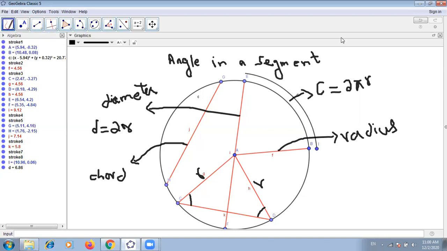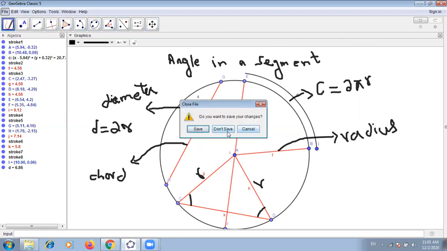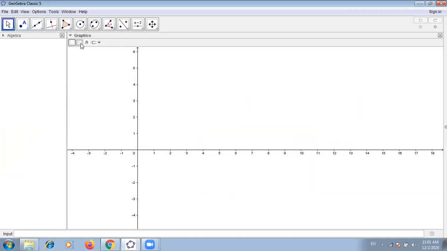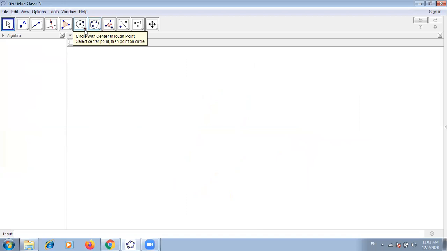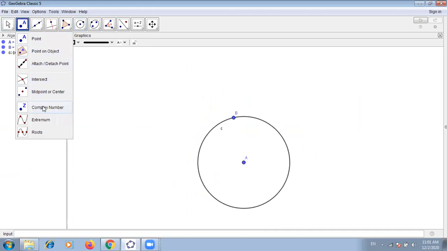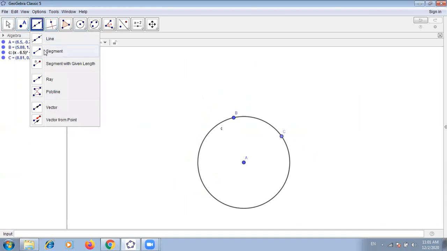I'm drawing a new figure so that you can remember all these things. Let's suppose we have a circle and another point on the circle, and then join a segment.